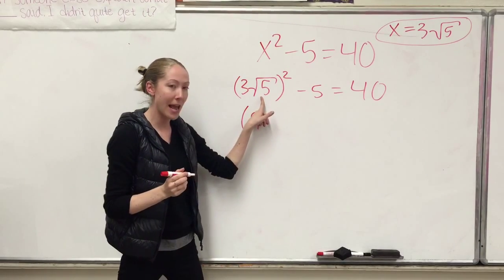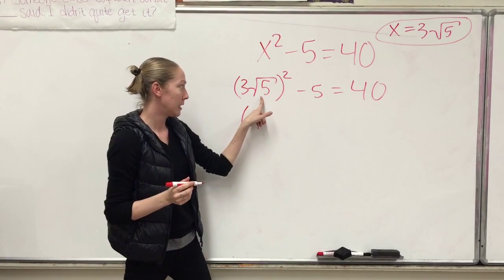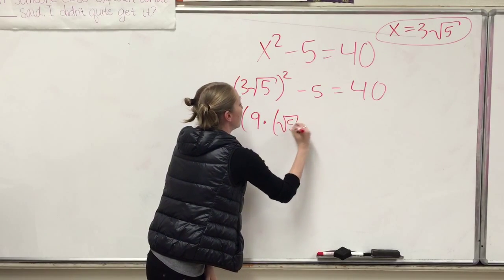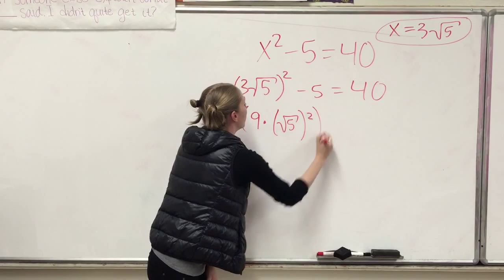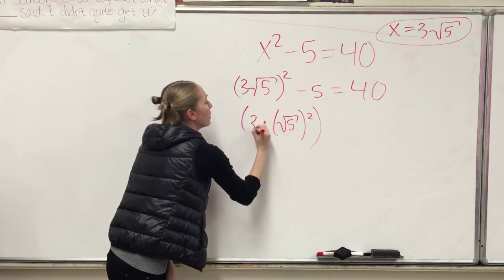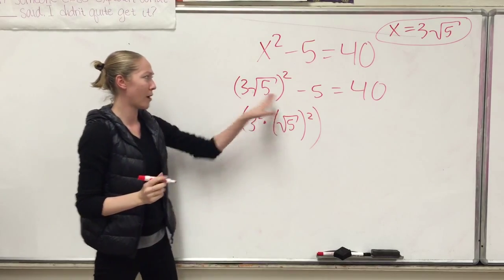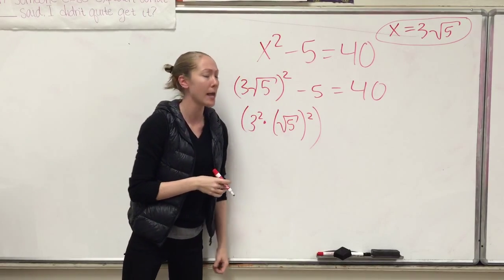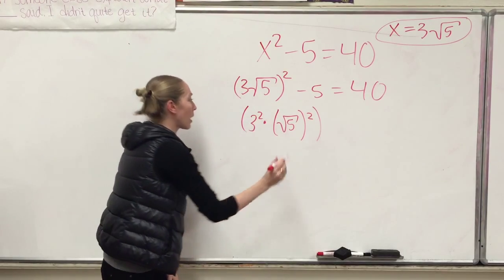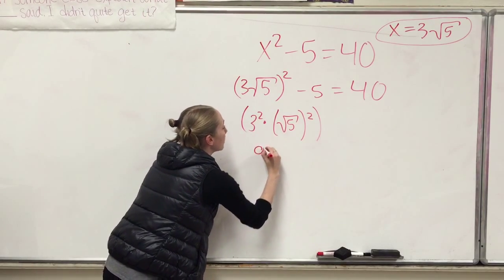I'm going to go ahead and write this in kind of an in-between step, which is going to be the square root of 5 squared. So actually, maybe even before I write 9, I'm going to write 3 squared. So you guys can see that I'm squaring all pieces of the group inside. So 3 squared, it's not a surprise, I just wrote it, is definitely a whole number, 9.